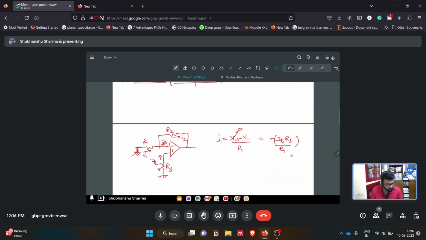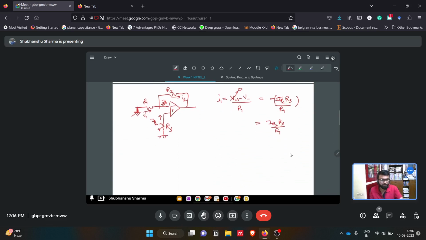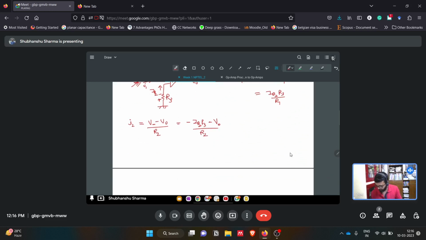So it will be IB2 R3 divided by R1. Then I2 equals V minus minus V naught divided by R2, so it will be minus IB2 R3 minus V naught by R2. This is another equation.